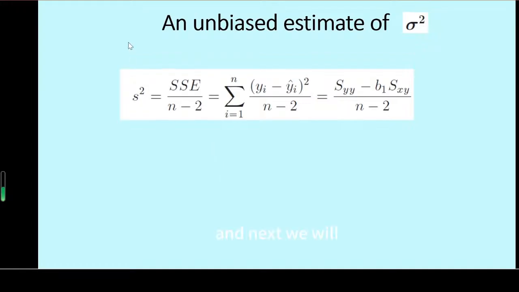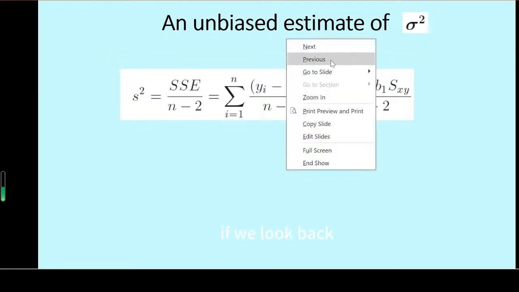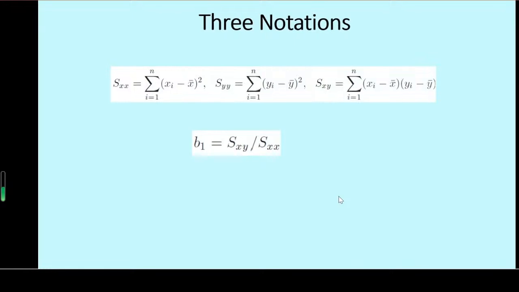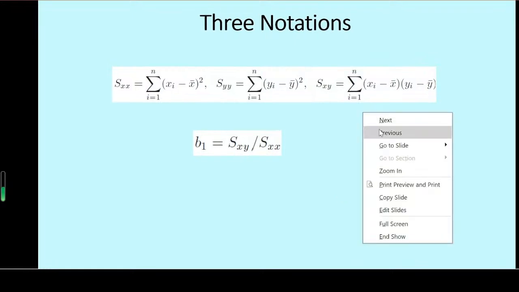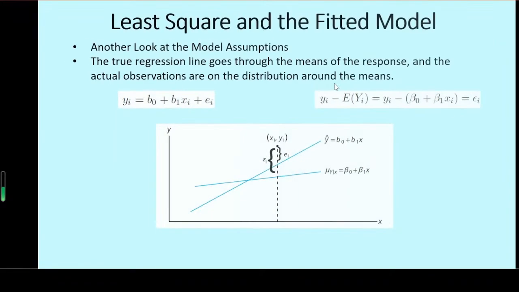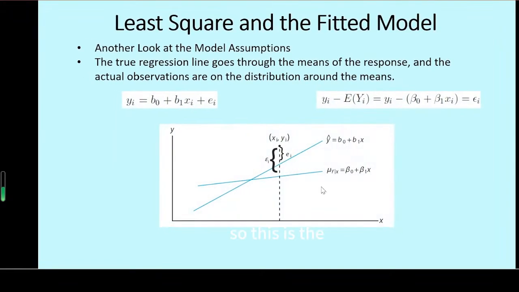And next we will talk about the estimate of sigma square. So what is sigma square? If we look back to this figure again, this is the real, unobserved line.